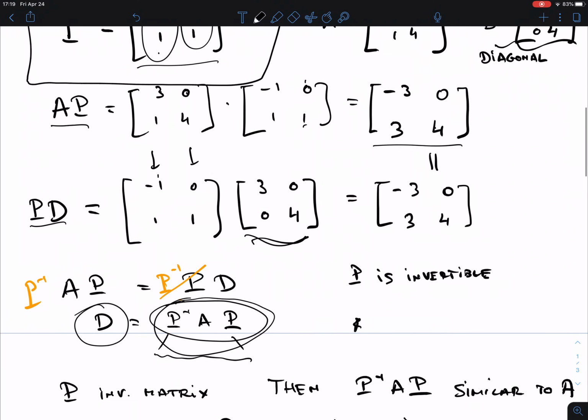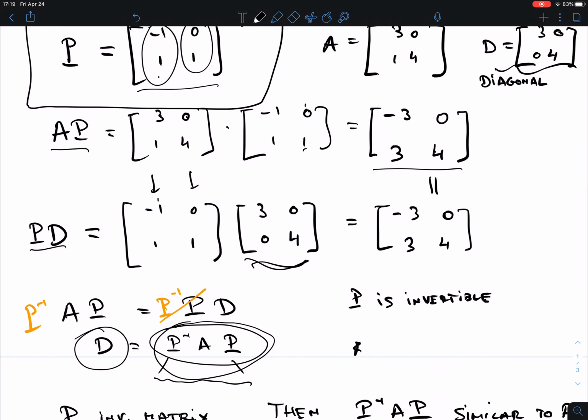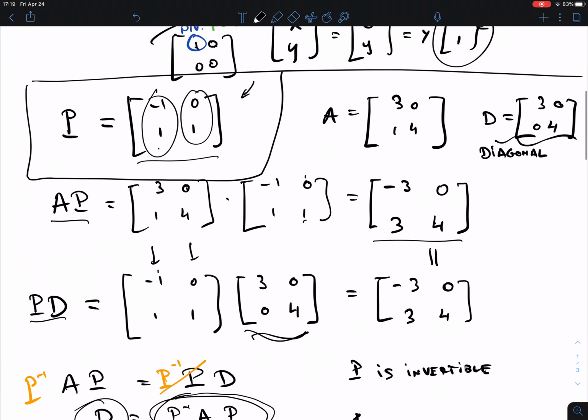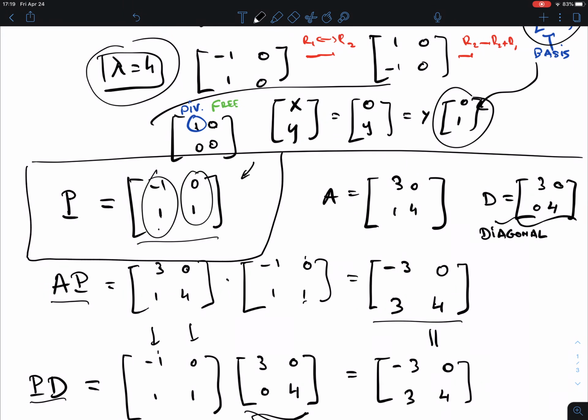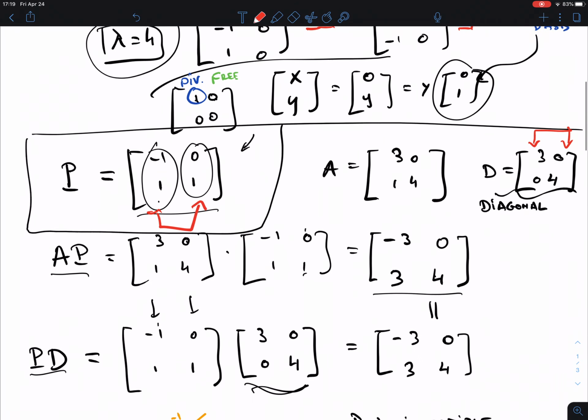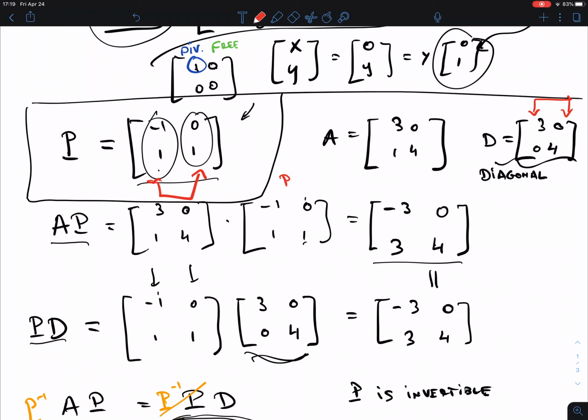Another thing that perhaps I should make clear is this P. You can choose the order in which you put the columns. You might ask, what does that do if I change the columns? If you switch these 2 columns, you get a different P, true. And what is then changing? Well, this matrix D will change too: the place where the eigenvalues come will be switched. So the red P would have been this choice, and then the corresponding red D would be 4003.